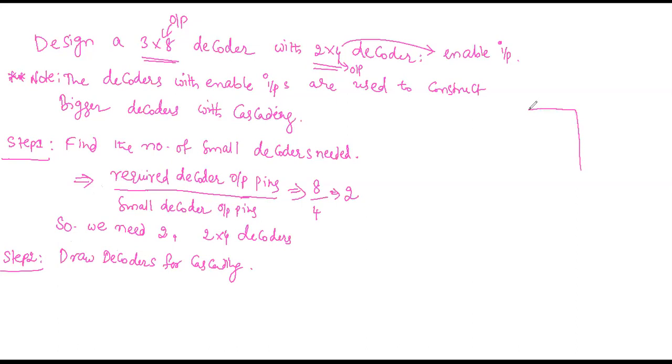So we need two decoders. What are those two? 2 by 4 decoders. So draw two 2 by 4 decoders with enable, A, B, and these are D3, D2, D1, D0. Enable, A, B, D3, D2, D1, D0.